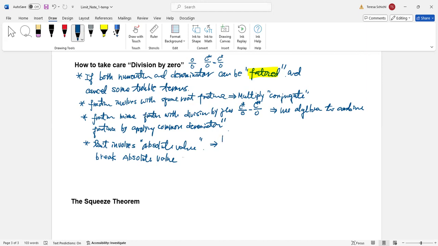So how do we break it? In algebra, if you don't remember, take the absolute value of x. You can break through the absolute value sign and let the x come out, right?